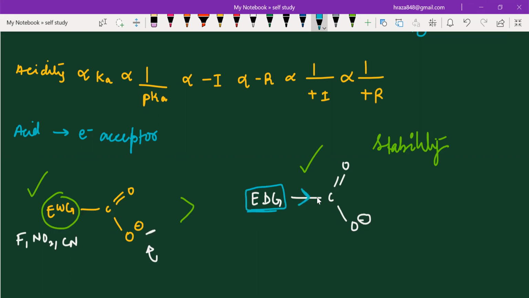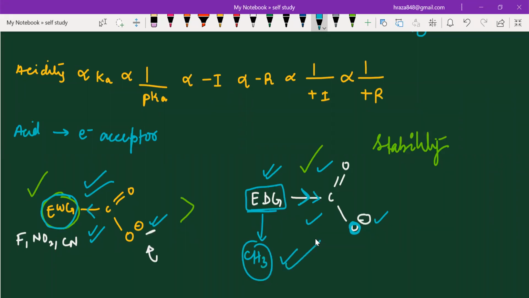So it will continuously give electron, and this oxygen does not require any electron. So what will happen if it doesn't require and it is giving? So it is unstable. And as you can see, this is electron rich, so it can give electron, and it is connected with electron withdrawing group. So basically this is more stable than this, and also we can say this is more acidic than this. Electron donating group, like we can say alkyl group. So please do write it.